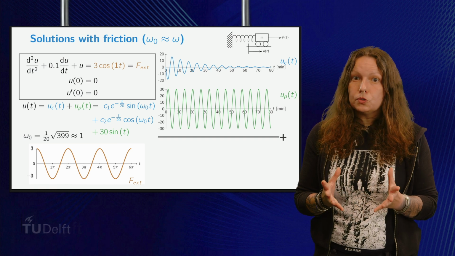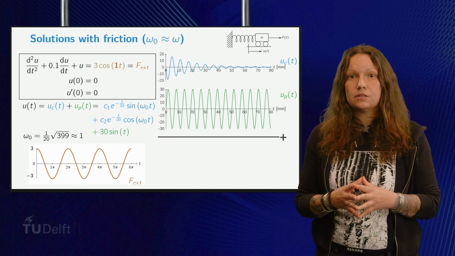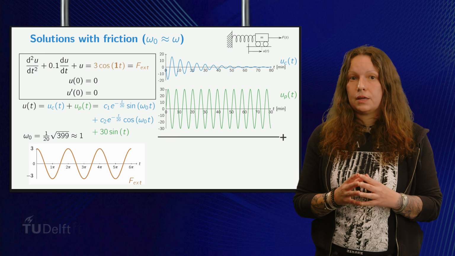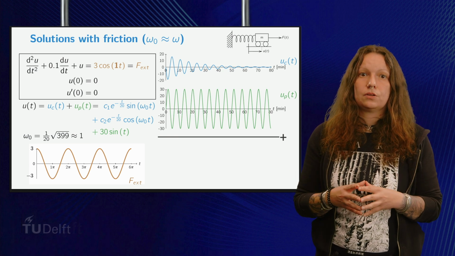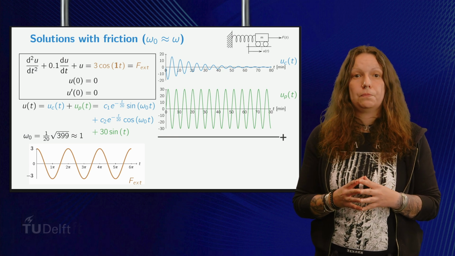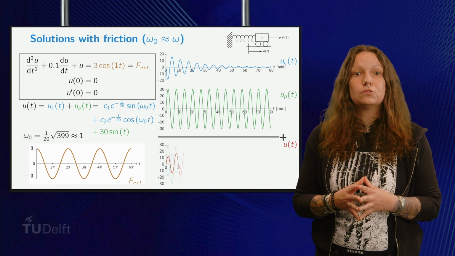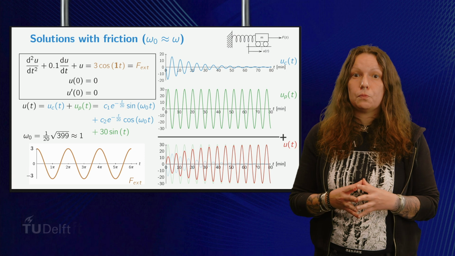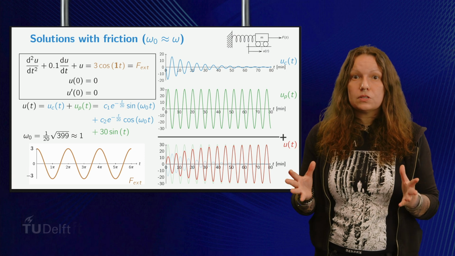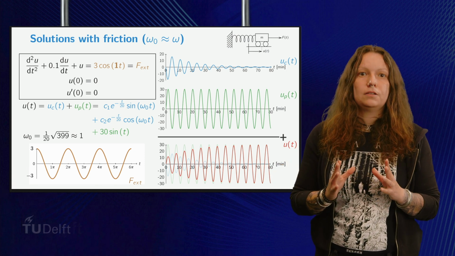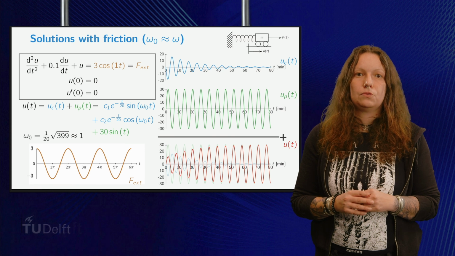The particular solution, up of t, has a constant amplitude of 30. That is, 10 times larger than the amplitude of the forcing term. As time increases, the displacement approaches the particular solution, up of t. The amplitude is capped at 30, significantly larger than the forcing amplitude.